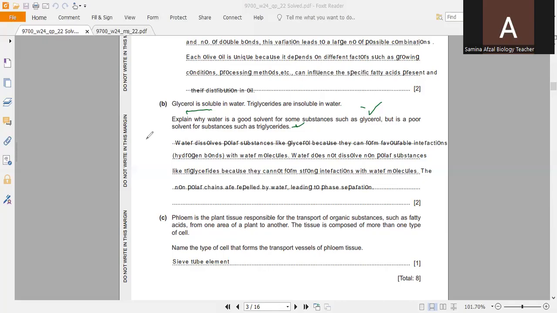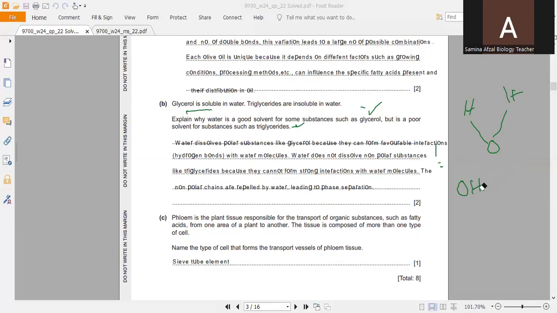We know that water is a polar solvent. This means that the oxygen atom pulls electrons more strongly than the hydrogen atoms. So in water, there is a partially positive charge on the hydrogen atoms and a partially negative charge on the oxygen atom.